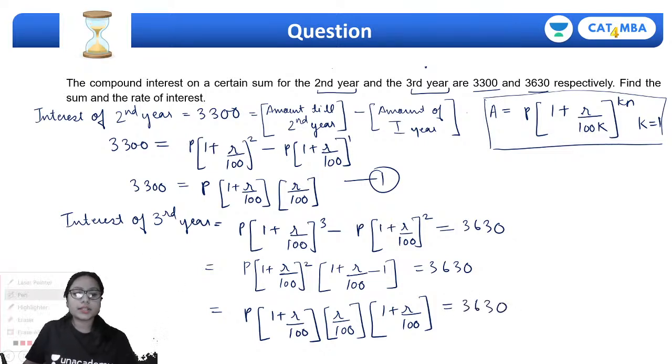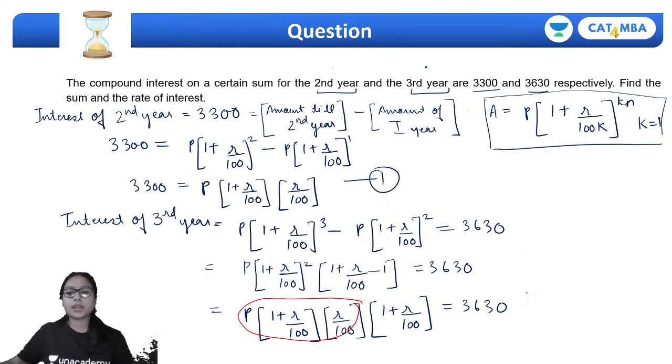Now if you notice, this quantity is same as equation 1. So I can get the value of this quantity from equation 1, and this equation will be simplified to 3300 into 1 plus r upon 100 is equal to 3630. Okay, so this is what I have.